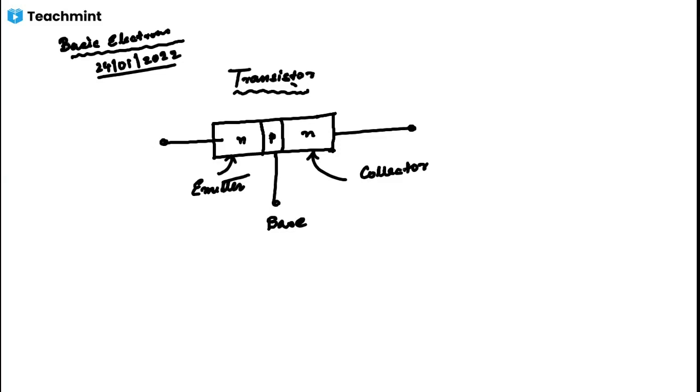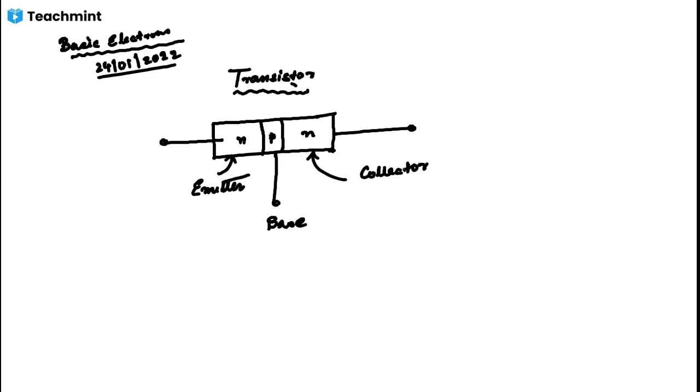In that, emitter and collector are made up of the same semiconductor. In between, another semiconductor is sandwiched. If it is an NPN transistor, then two N-type semiconductors are there, and in between it is sandwiched by a p-type.